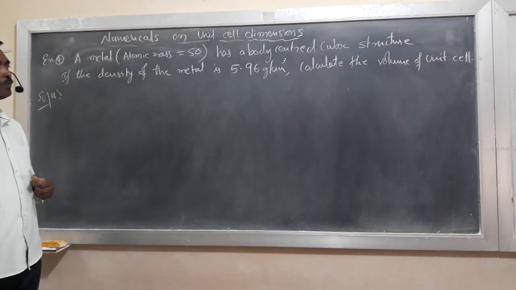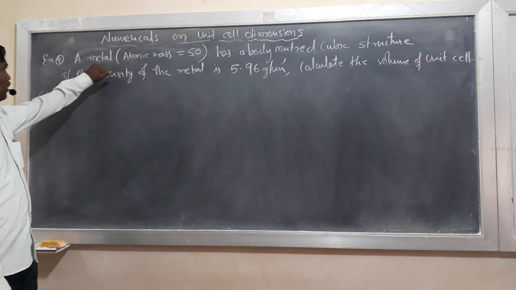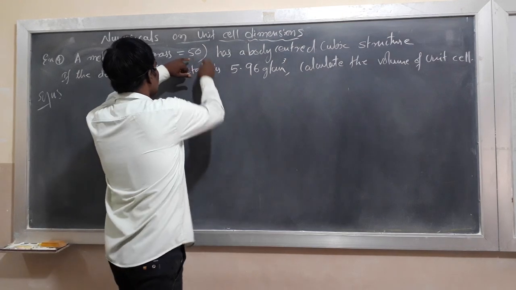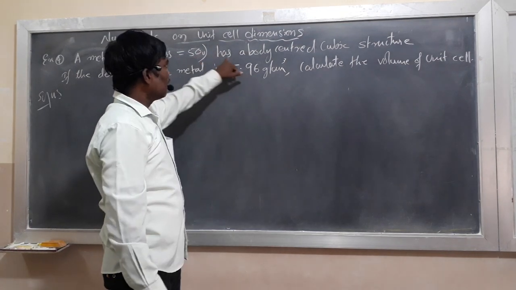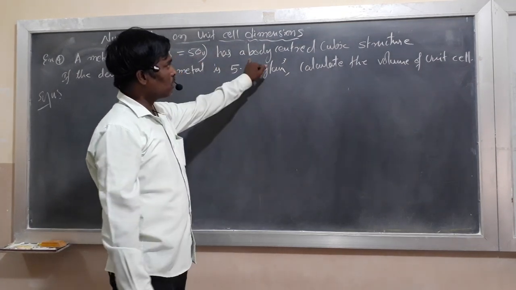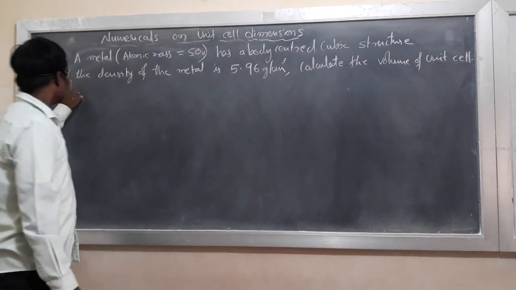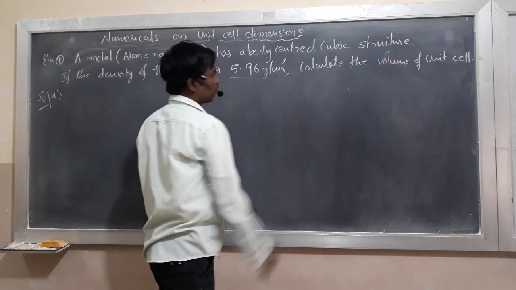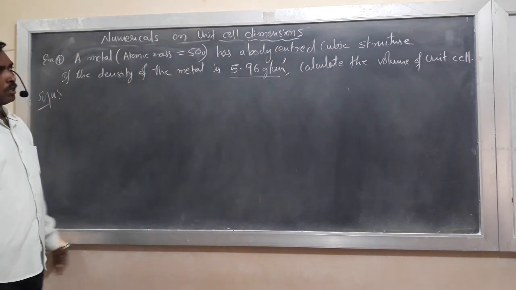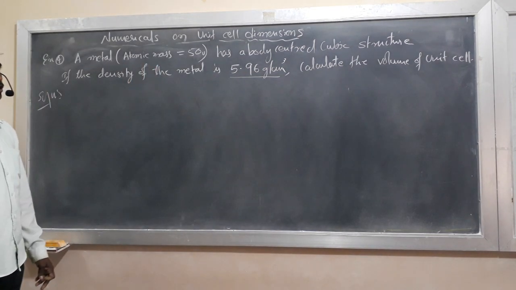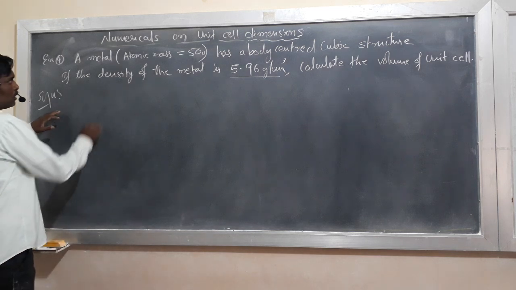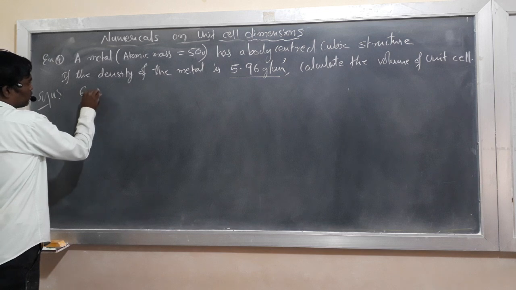Next example: a metal with atomic mass 50 gram per mole has a body centered cubic structure. If the density of the metal is 5.96 gram per cubic centimeter, then what is the volume of that unit cell? Let me read the given in this example.